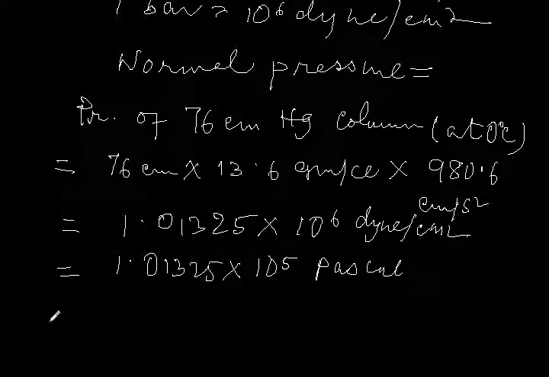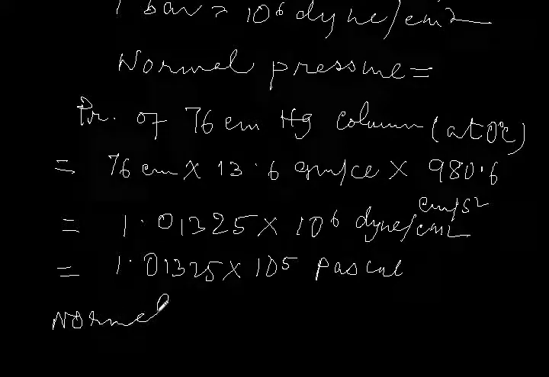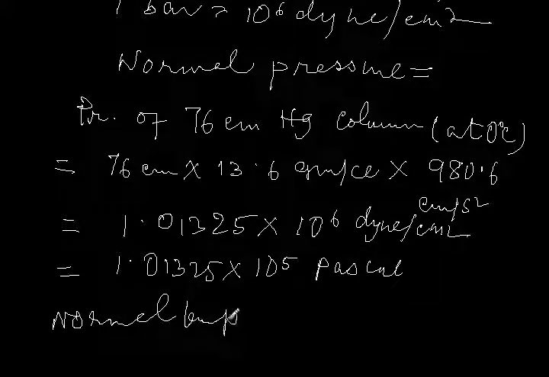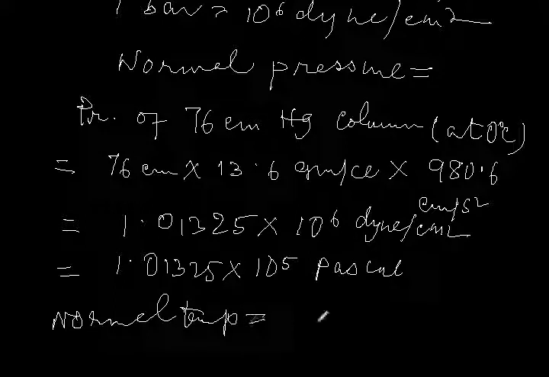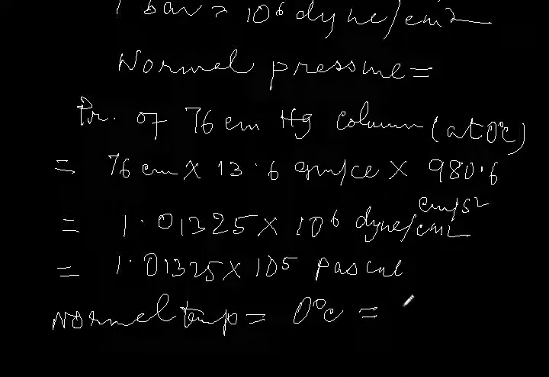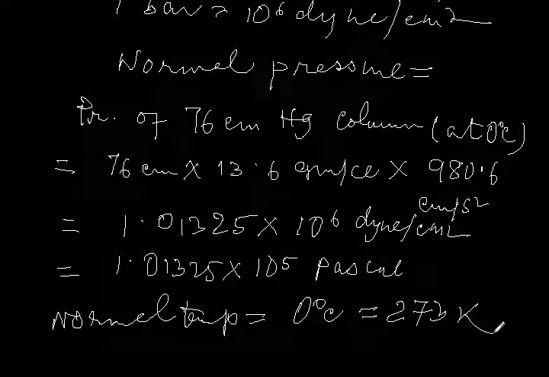Now the normal temperature is equal to 0 degree Celsius. Later we will know it will be equal to 273 Kelvin. So this is normal temperature.